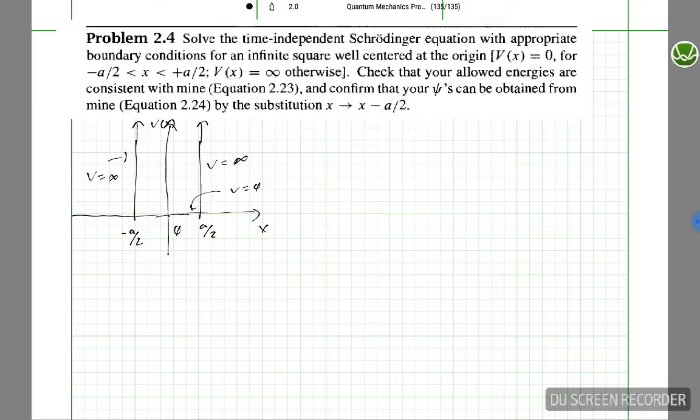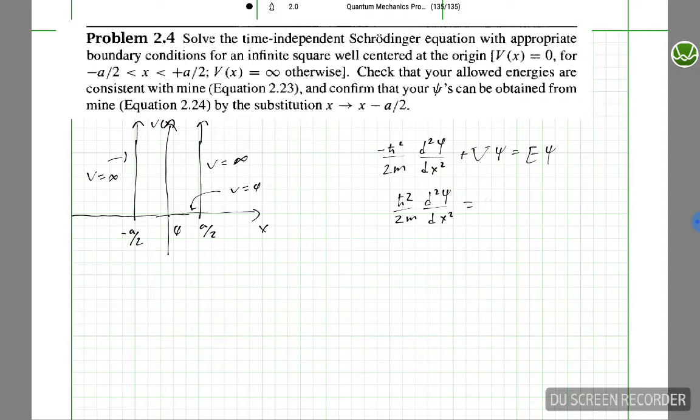So that means that we can use our time-independent Schrödinger equation, which I should specify has minus h bar squared over 2m d squared psi dx squared plus V psi equals E psi. Now I'm going to go ahead and move all the psi's over to one side.